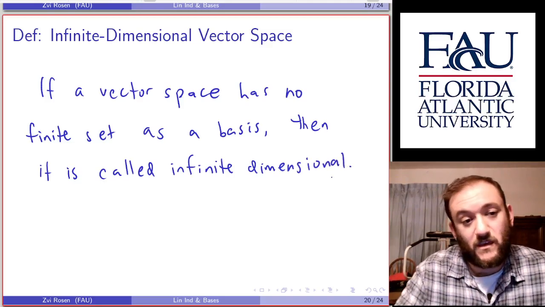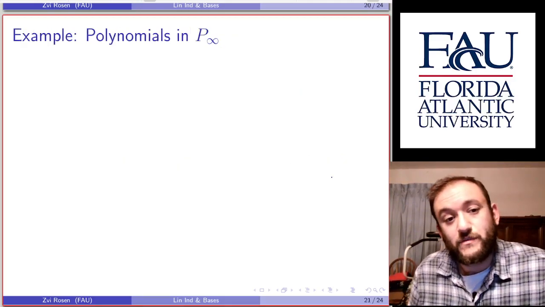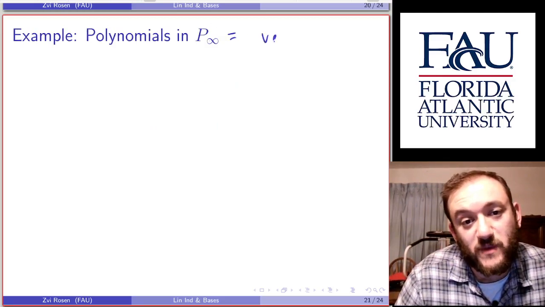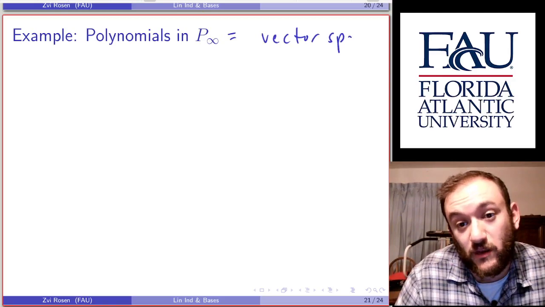Here's a quick example. When we write P infinity, we mean the vector space of all polynomials of any degree.